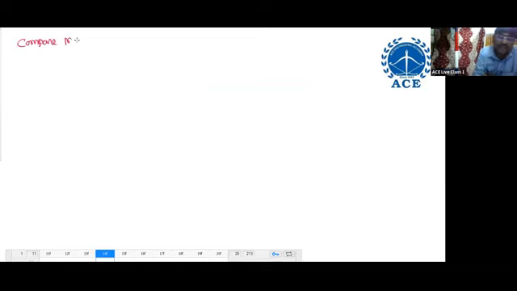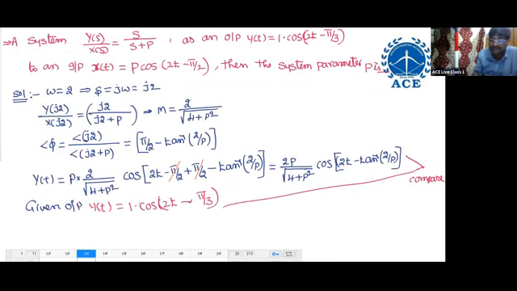What is the magnitude? 2p by root of 4 plus p square equal to how much? 1. 2p by root of 4 plus p square equal to 1.